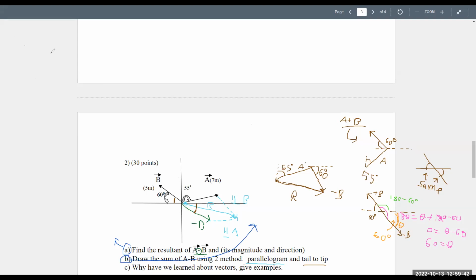You have A, 7 meters. You have your AY. This is on the opposite of your theta, so that is equal to A sine.